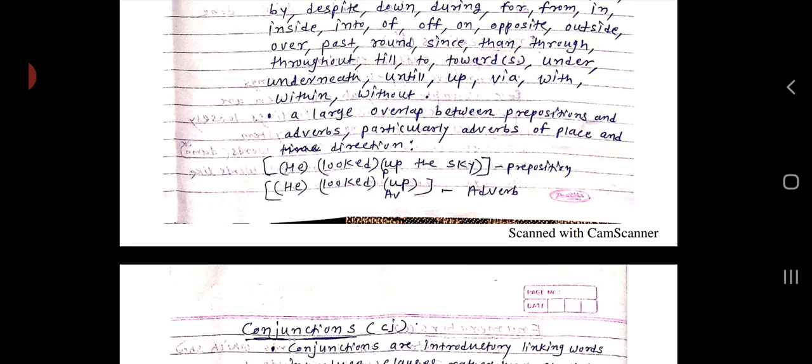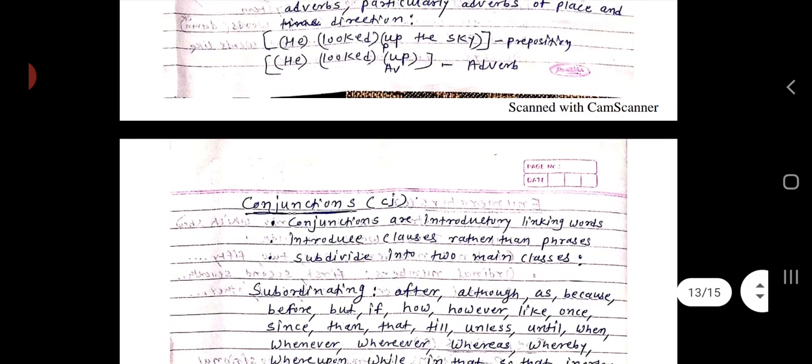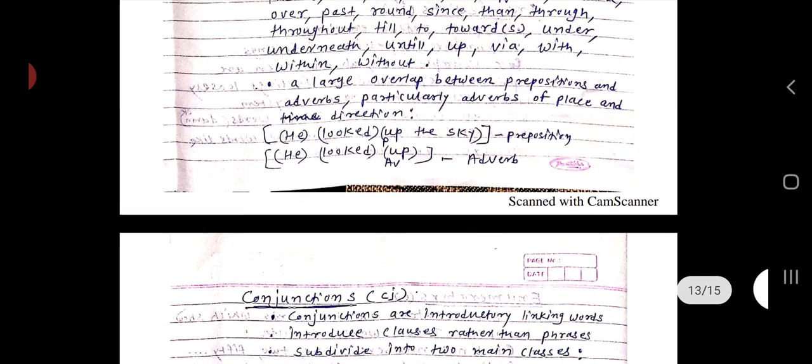Up is here an adverb. So there is a large overlap between prepositions and adverbs. Again, you can express such a difference with the help of examples. So you have to study the list of prepositions and the list of adverbs, which is a complete list, and you have to denote this difference. There is an overlap between prepositions and adverbs.